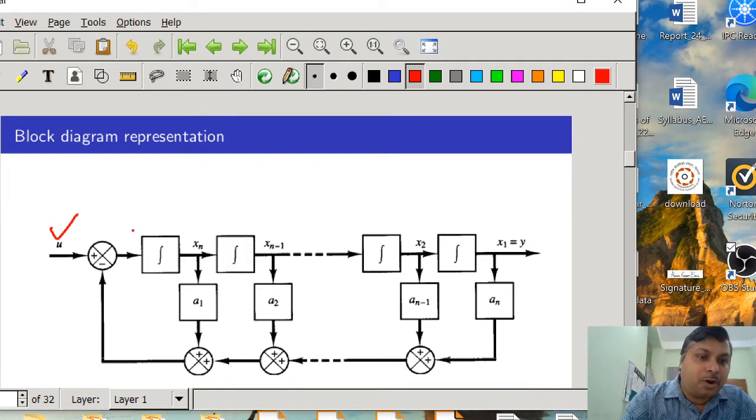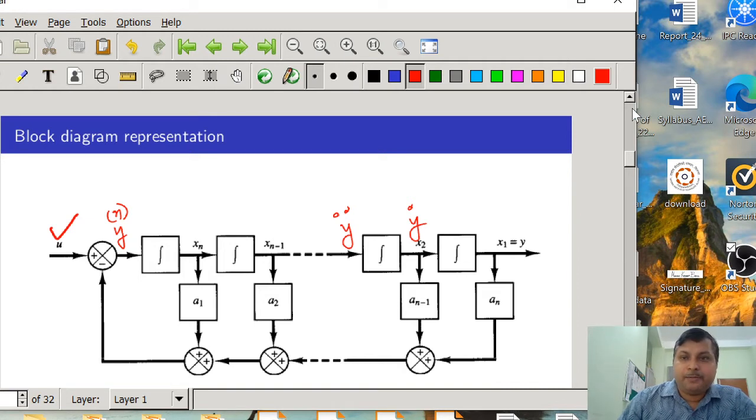To construct the nth derivative of y, we require y, then y dot, and then y double dot, and then xn minus 1.